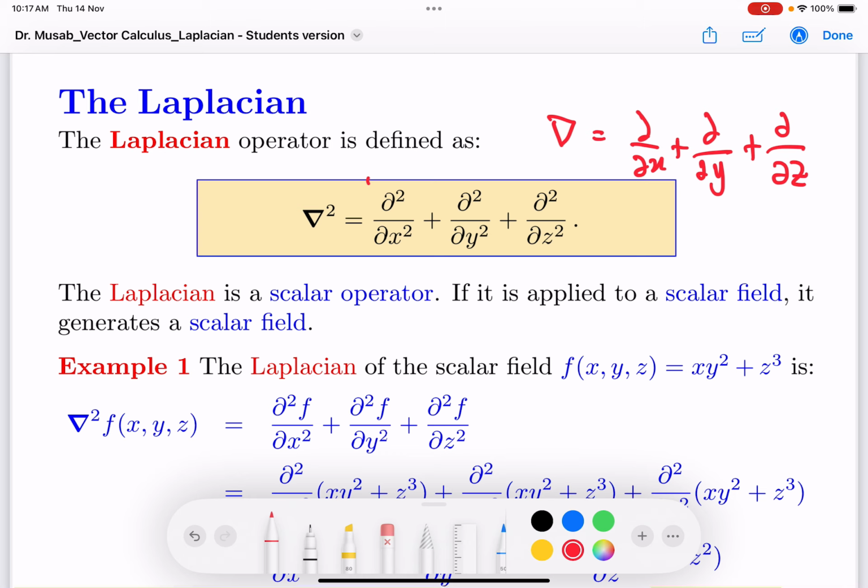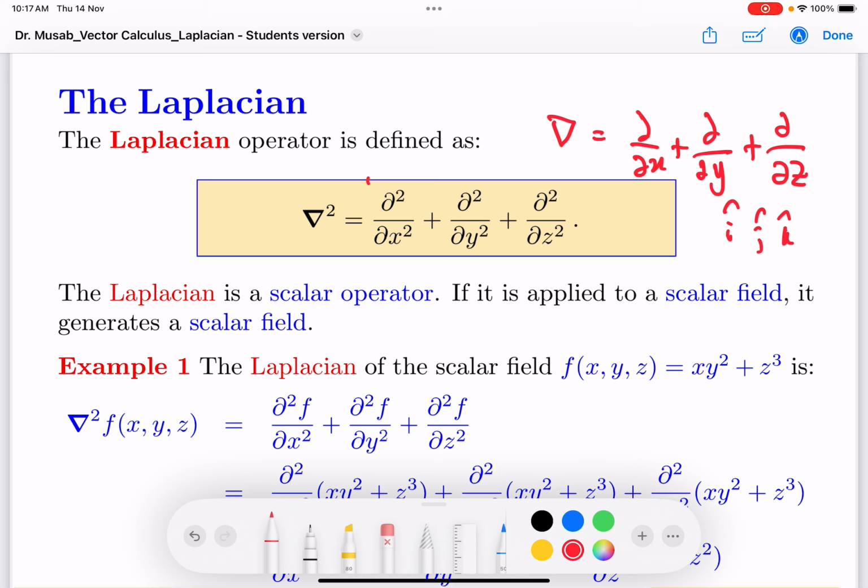So the way that we write the divergence is straightforward. You didn't have i, j, and k, just like the curl analysis. So what is Laplacian?